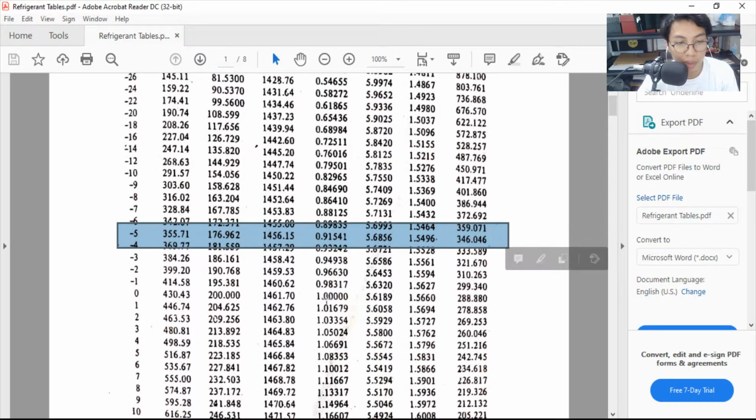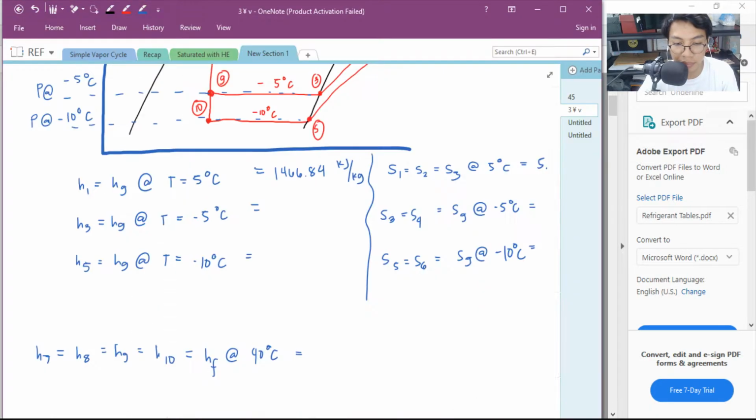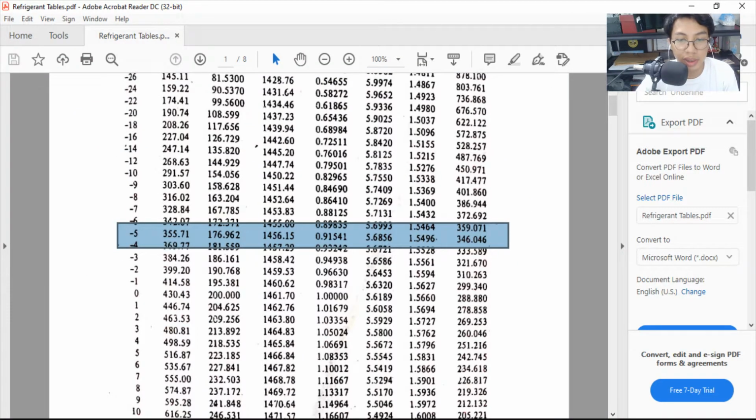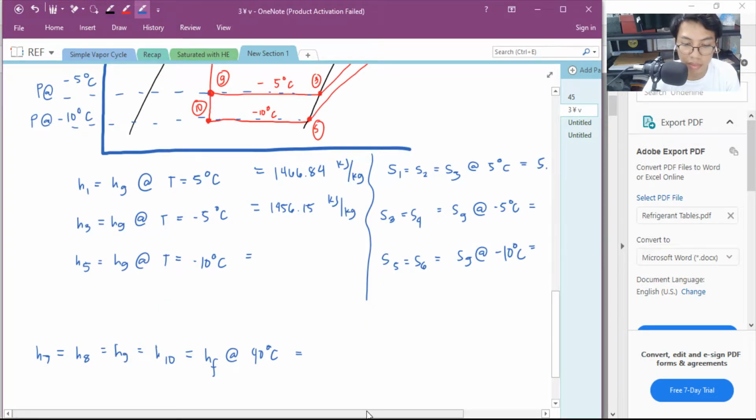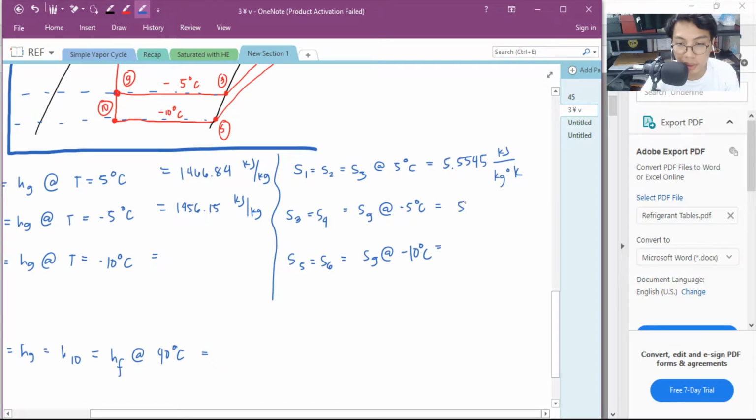Hg, 1456.15 kilojoules per kilogram. How about Sg? Sg niya is 5.6856 kilojoules per kilogram degree Kelvin.